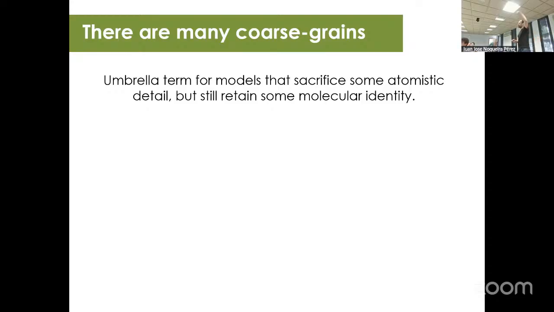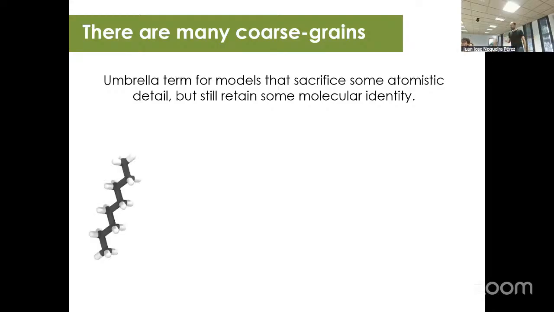At some point when you go to these continuum models, you stop knowing what is one molecule, what is the next. Okay, so you approximate even the molecular identity. Here you can still tell what one molecule is and what another one is.